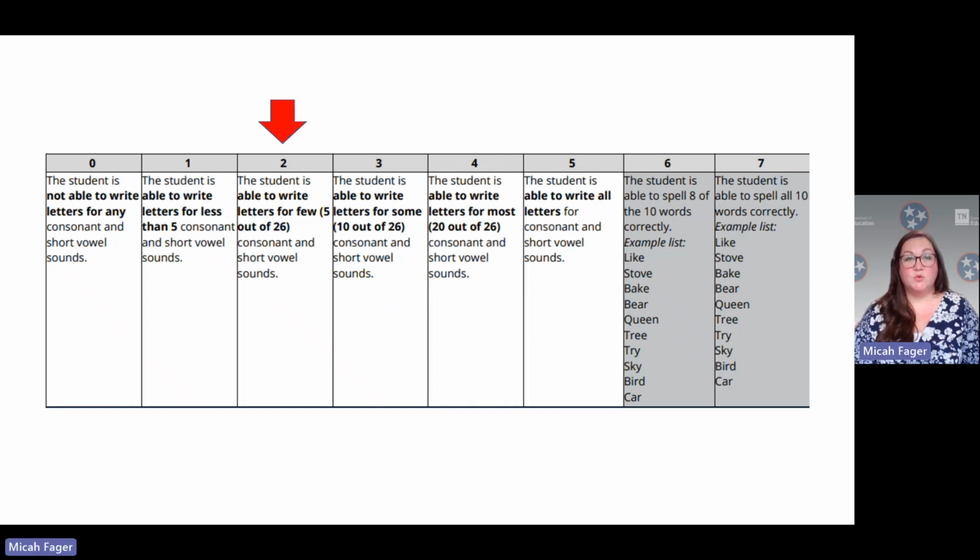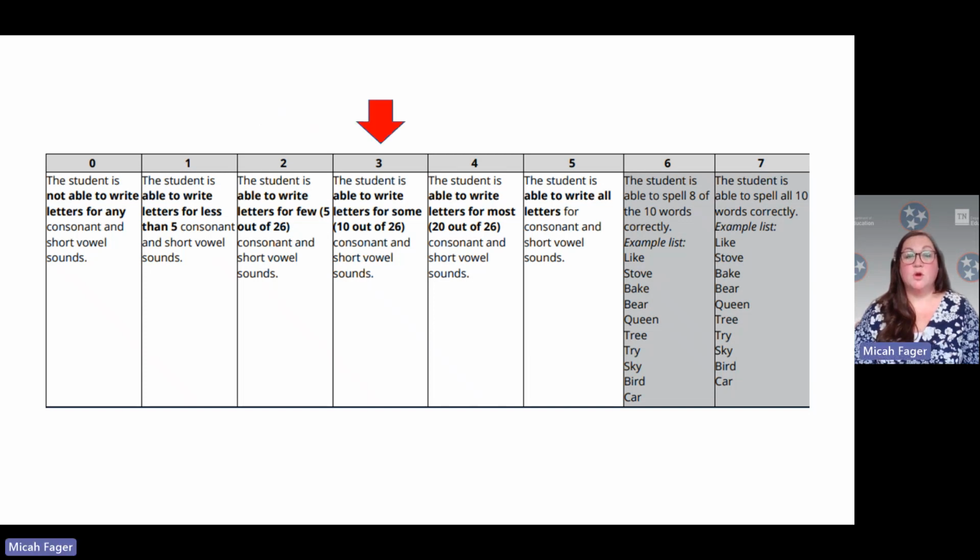The student work will receive a 2 if they are able to write 5, 6, 7, 8, or 9 letters correctly. So at least 5 letters correctly to match the consonant and short vowel sounds.